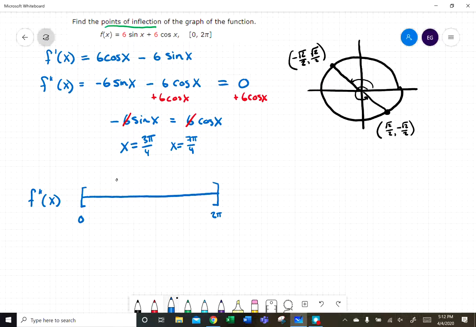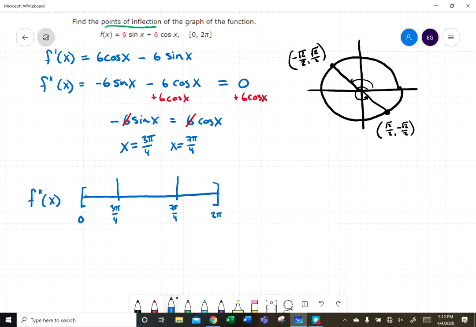So one of those places where we'll divide the interval is at 3 pi over 4, and one is at 7 pi over 4. Now we know the only places that the sign of the second derivative could change is at those two numbers.